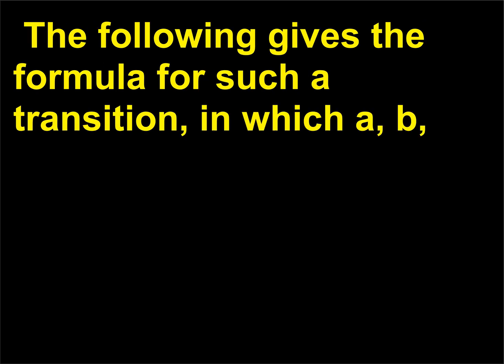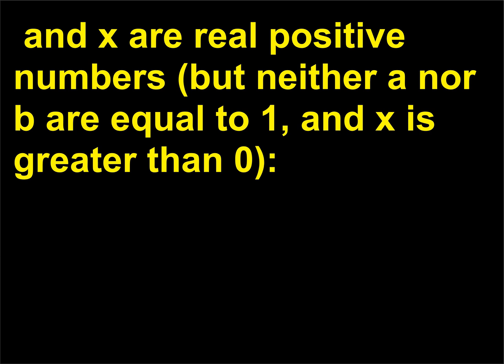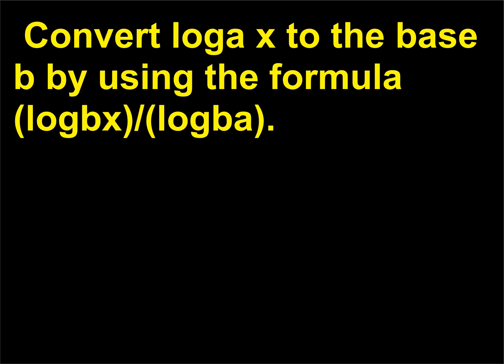The following gives the formula for such a transition, in which a, b, and x are real positive numbers, but neither a nor b are equal to 1, and x is greater than 0. Convert log x to the base b by using the formula log(x) / log(b).